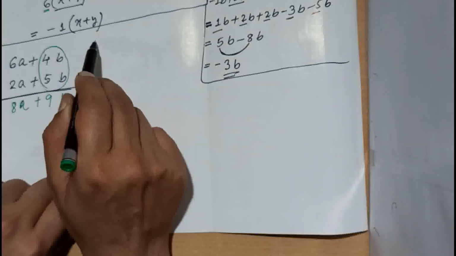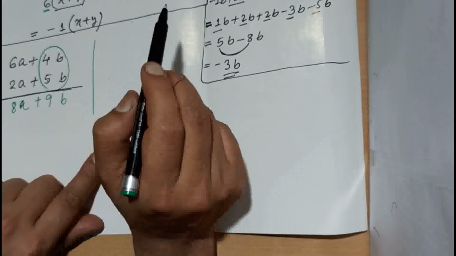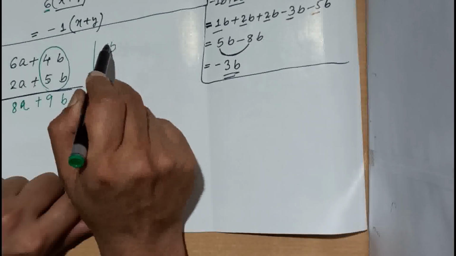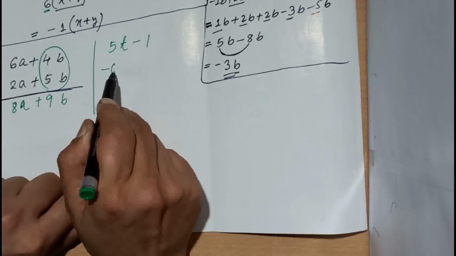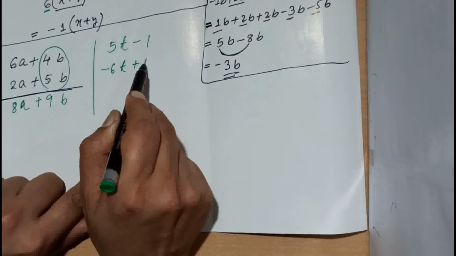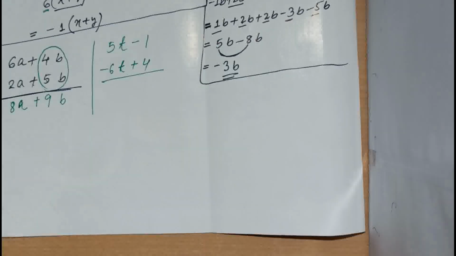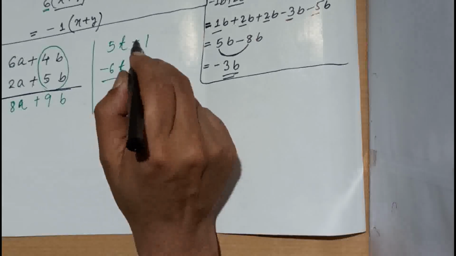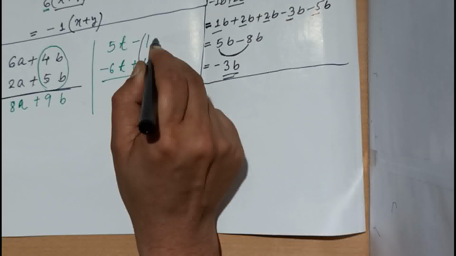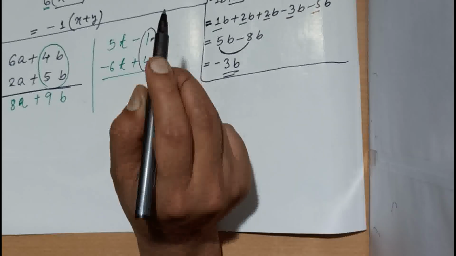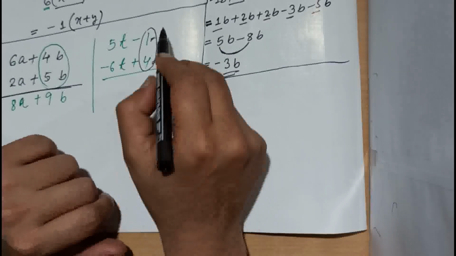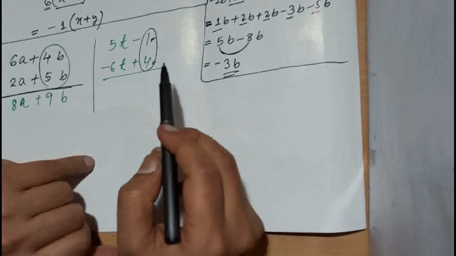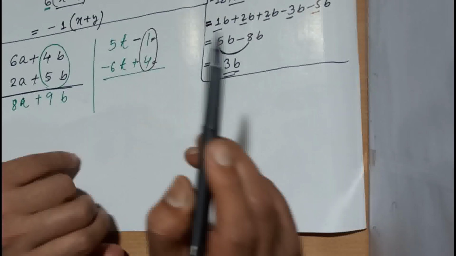Now let us take another example. That is 5t minus 1 and minus 6t plus 4. Now again you see, these are like, because this has no literal coefficient, this has no literal coefficient, both are same, these are like. So here the numbers are minus 1 and plus 4.